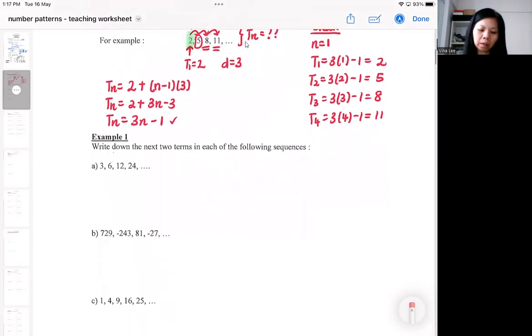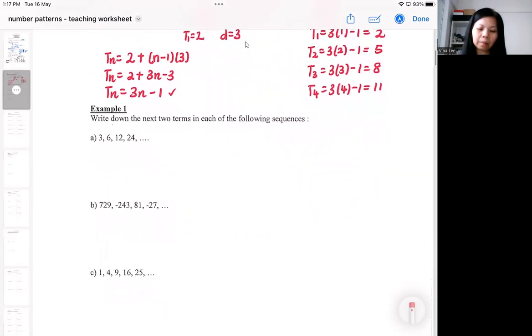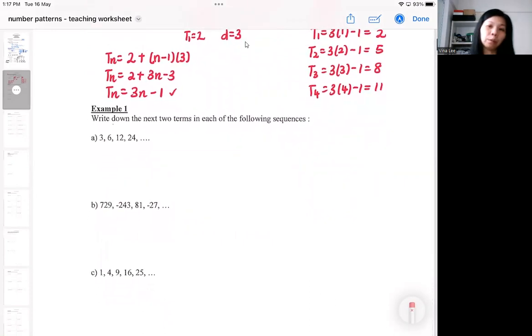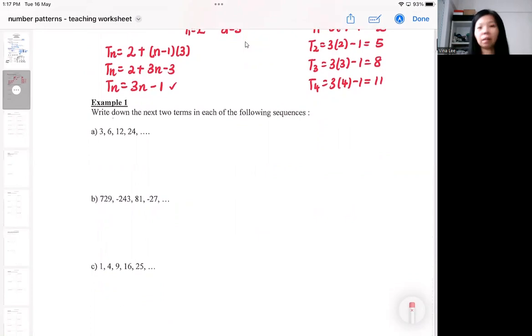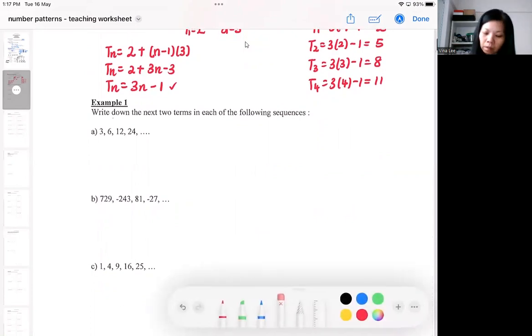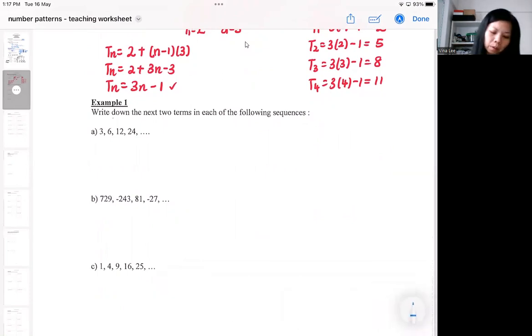This basic one is just to discover the pattern, and if you discover the pattern, you can write out the next 2 terms, which is the next two numbers. Let's look at example 1A. How is the pattern like? You observe the pattern is like keep multiplying by 2.